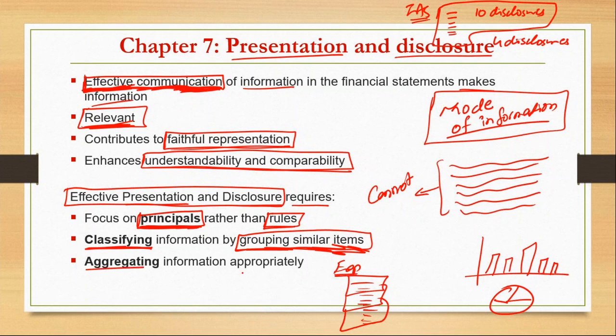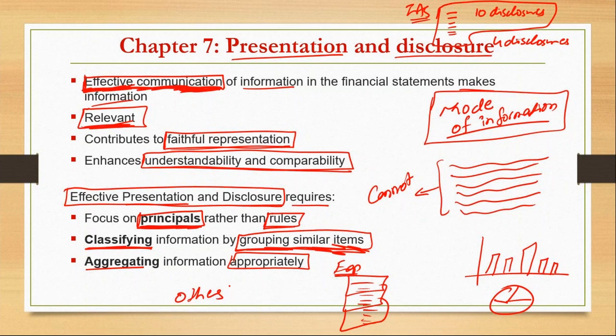Similarly, aggregating information appropriately means that sometimes we write a lot of expenses in the others or the other expenses. So if we aggregate a lot of items in the other expenses, that will reduce the faithfulness and the relevance of the financial statements or the disclosures. Getting this point?